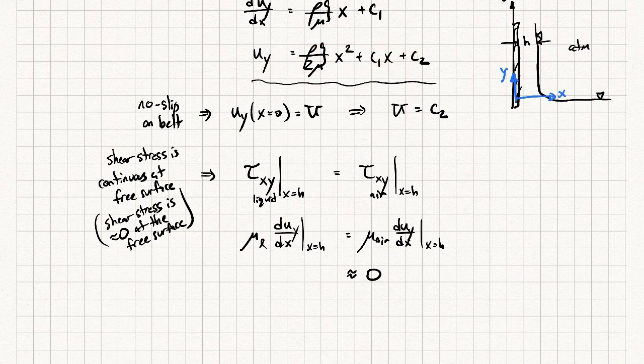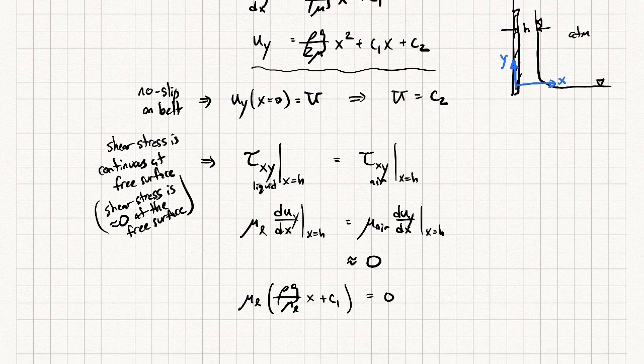So let's do that. We'll have mu L times rho g over mu L, and that's the viscosity up here, just mu L, times x plus C1 is equal to 0, right?